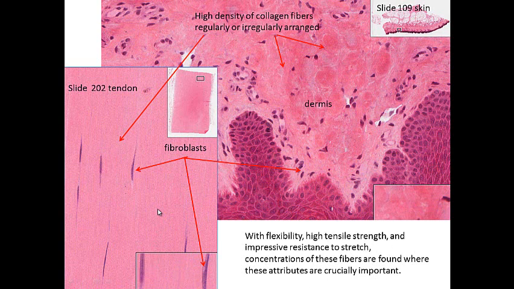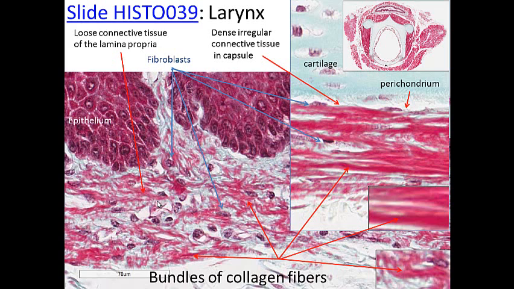In a tendon, you want them all running in one direction because you're attaching the bone to the muscle, or ligament, bone to bone. You need to have a lot of these fibers to resist stress.